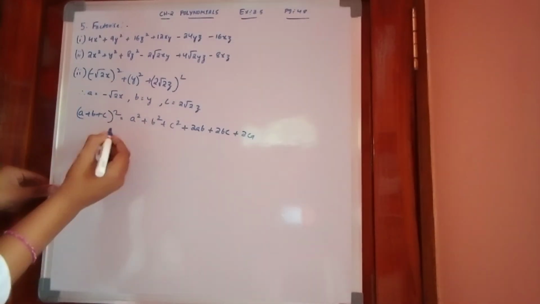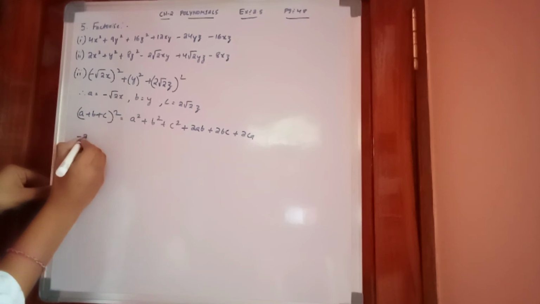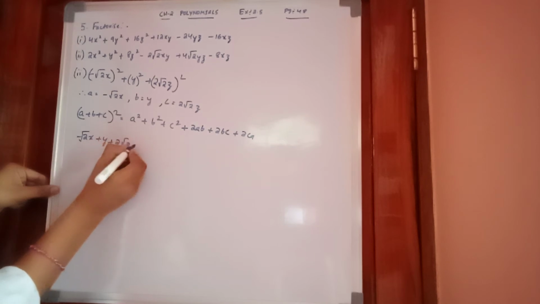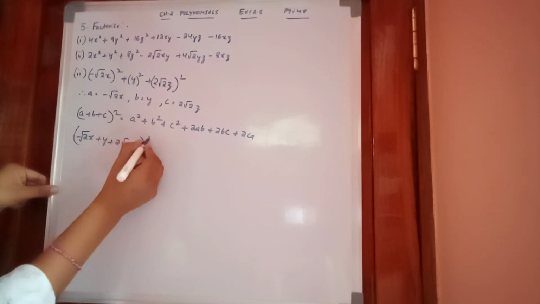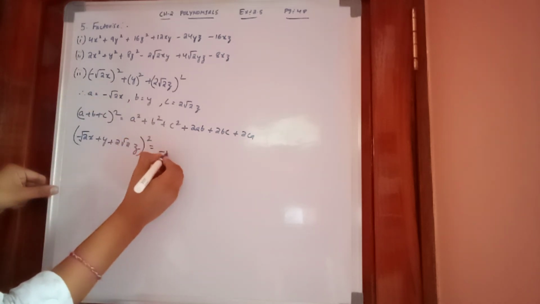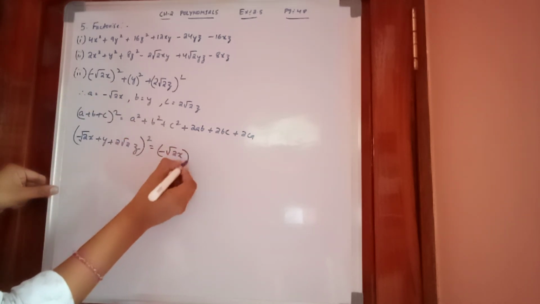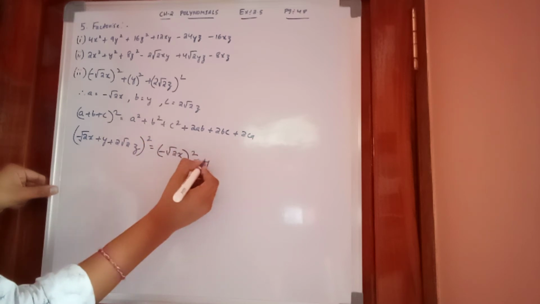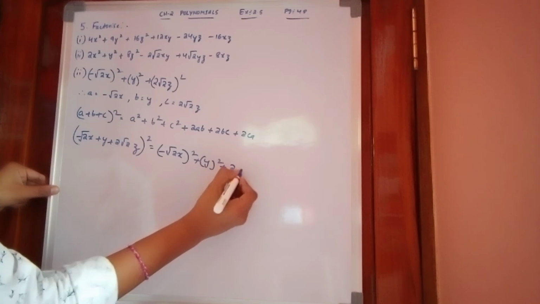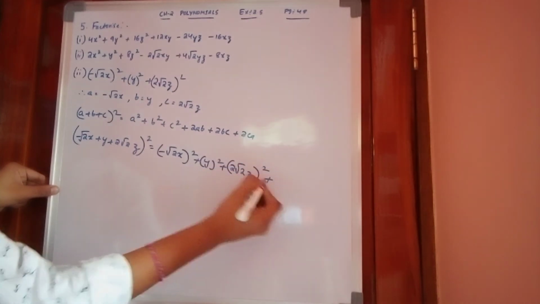Now substituting, minus root 2x plus y plus 2 root 2 z whole square is equals to, now write the values. A is equals to minus root 2x whole square, and b value is y whole square, and c value is 2 root 2 z whole square, and plus 2ab.